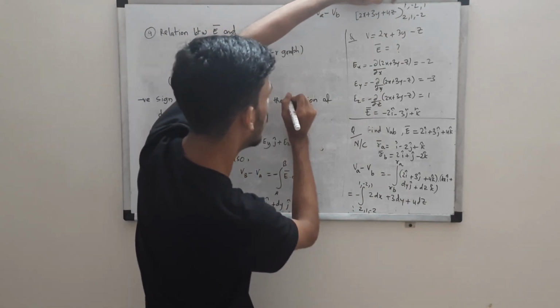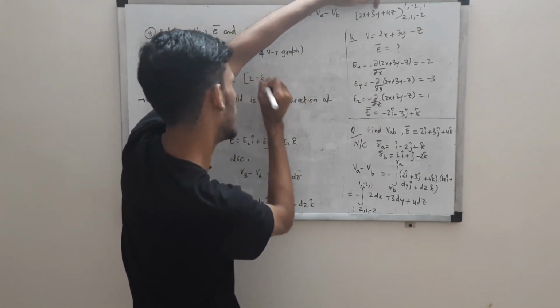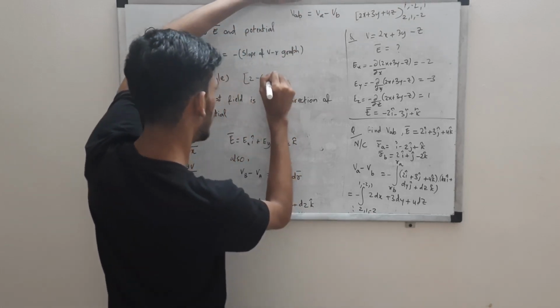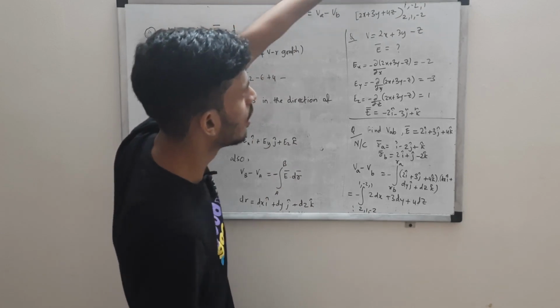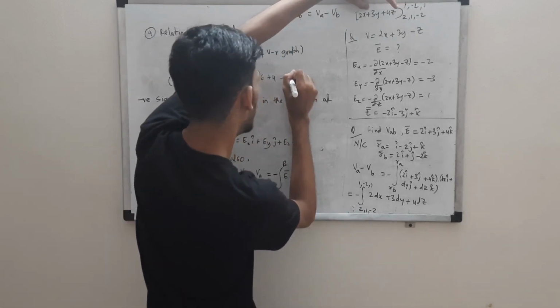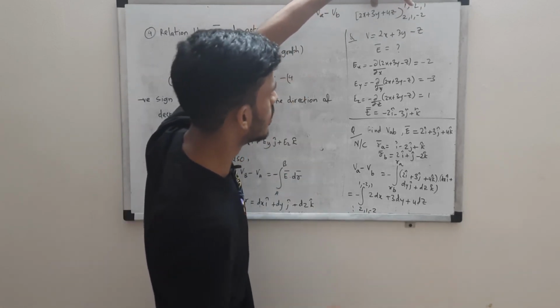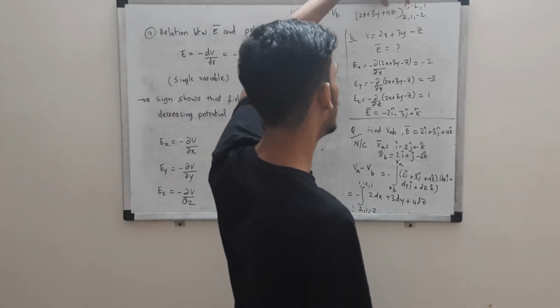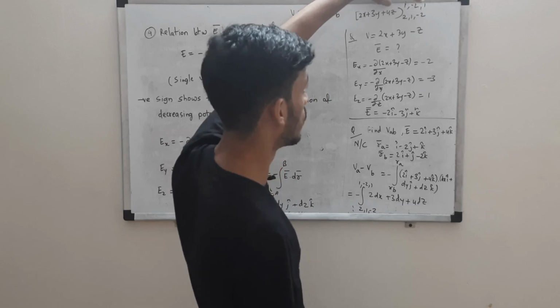X is 1, y is minus 2, so 3 2s are minus 6, and here 4 1s are 4, plus 4. So this is upper limit minus lower limit. So 2 2s are 4, and 3 1s are plus 3, and 4 2s are minus 8.